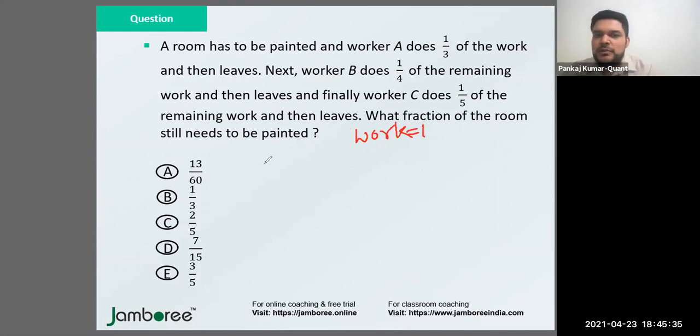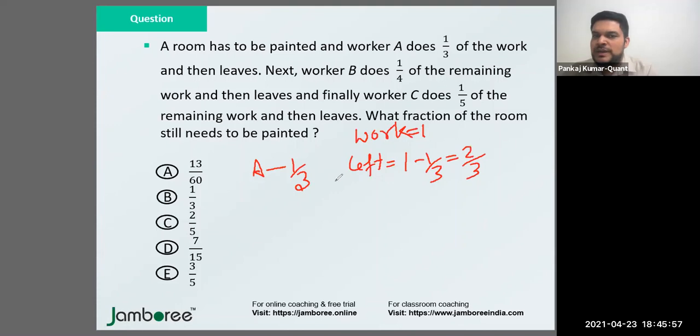When A does 1/3 of the work, how much work is left? From 1, we subtracted 1/3 and I'm left with 2/3. I started getting answers. Great work.